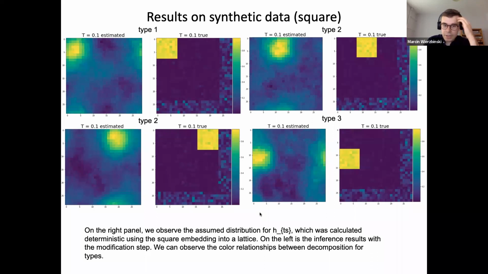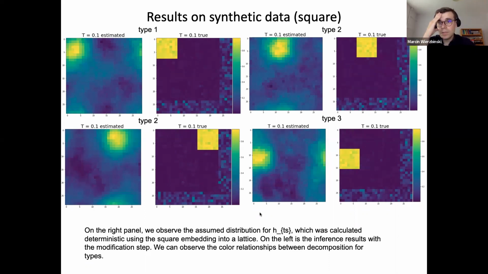The number of iterations for the Metropolis Hastings within Gibbs sampler is set to 10 to the power of 4. So it's quite a short trajectory of the hidden Markov random fields.